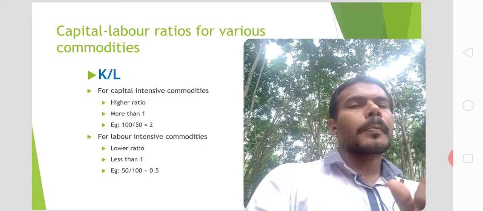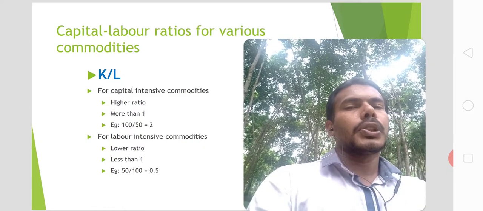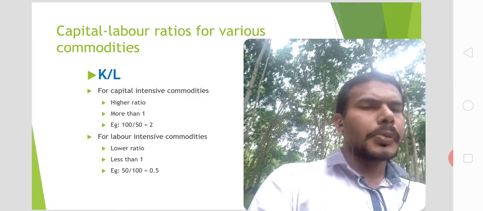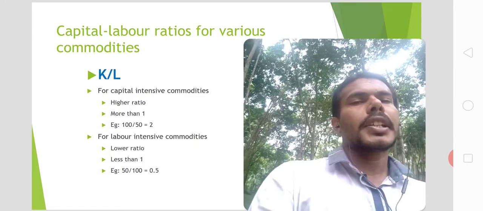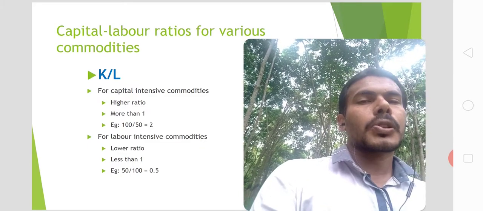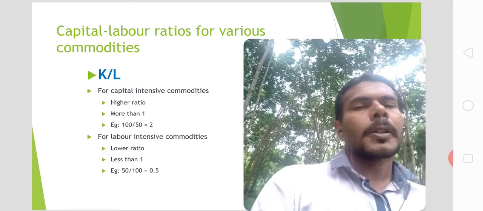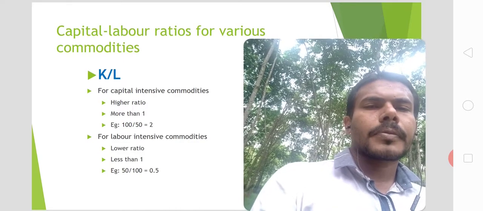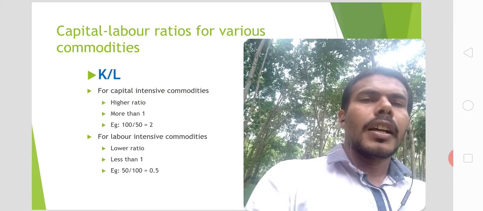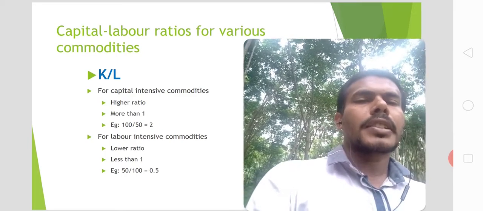So our capital labor ratio is supposed to be less than 1. At the same time, the capital labor ratio for the United States, a capital rich nation, will be mostly greater than 1.